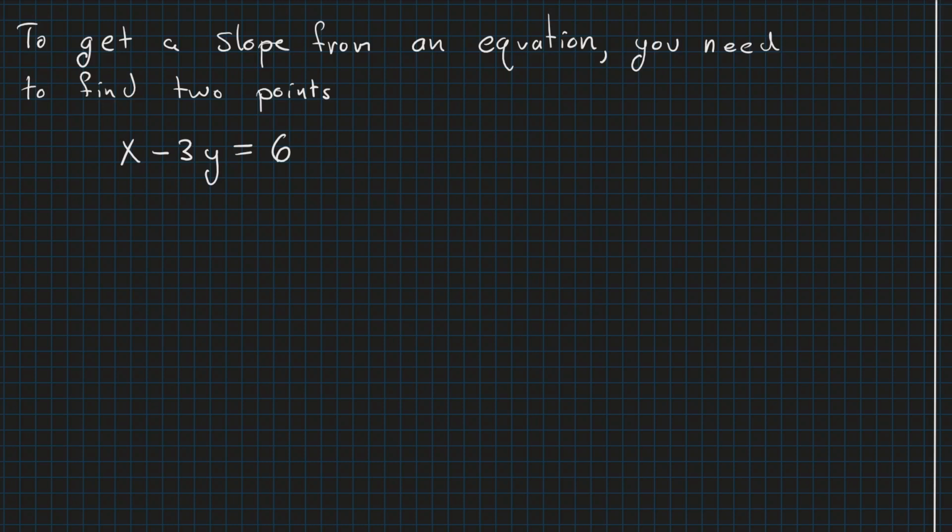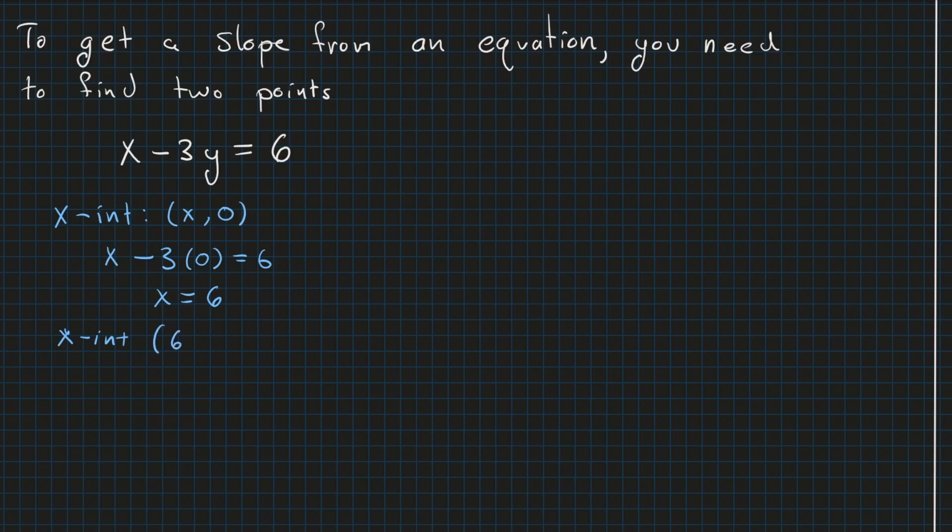I'm going to first find the x-intercept, which corresponds to the point (x, 0). Remember, to find the x-intercept, you set y to be 0. So we have x minus 3 times 0 is equal to 6. Then x is equal to 6, giving us our x-intercept to be (6, 0). It's a nice point. We also get our y-intercept.